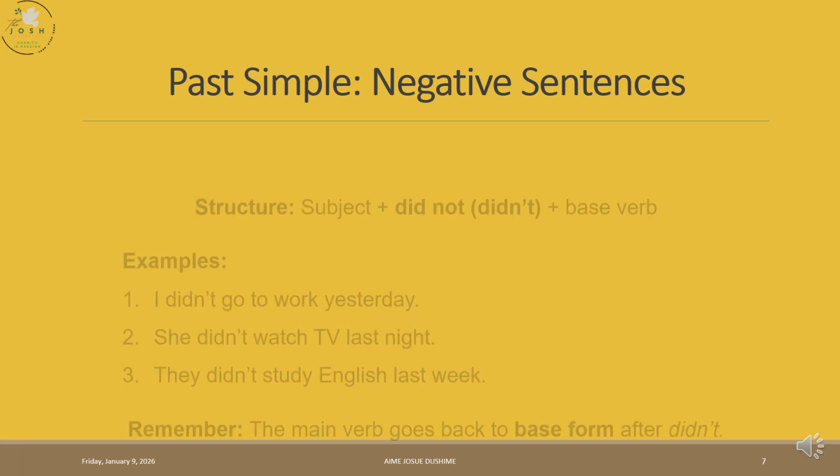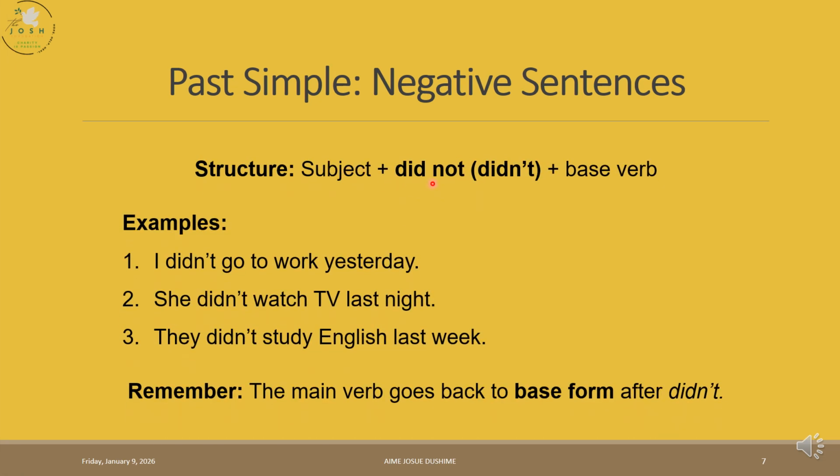And when we go to the negatives, the positive is subject plus V2, the negative is subject plus didn't plus V1. We don't say didn't V2. This is a mistake people like to make. They just put V2 here. No, it is a V1, a base verb. I didn't go to work yesterday. When you say I didn't went to work, that sounds weird.